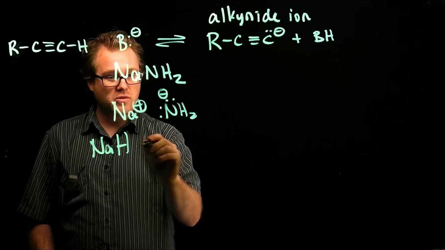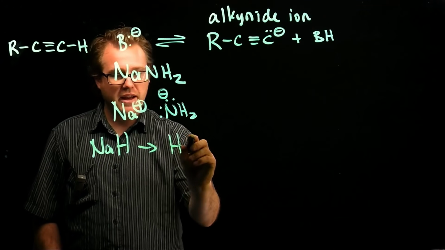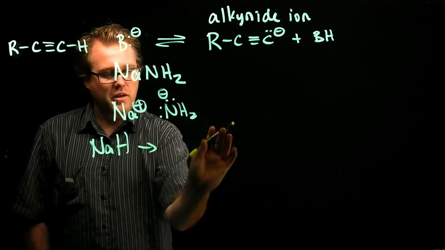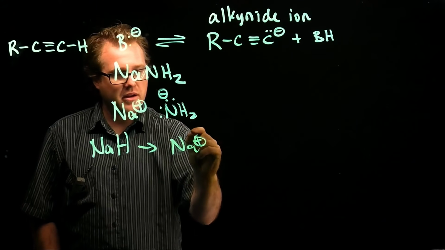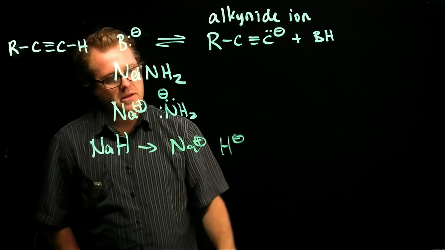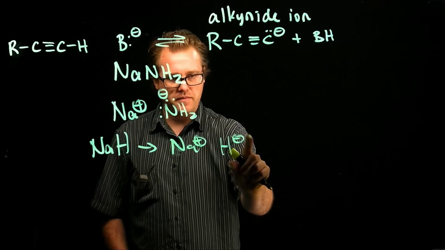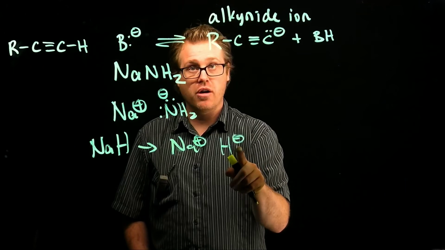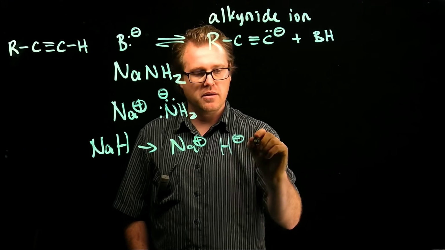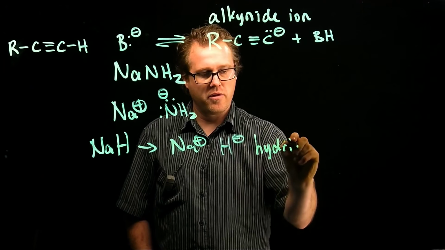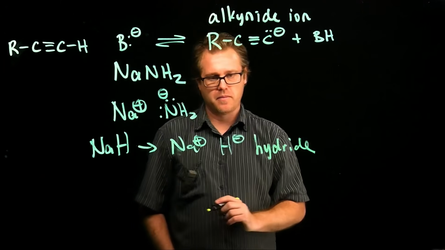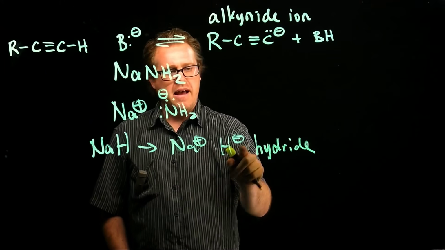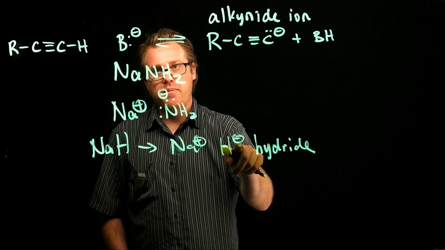Another sodium, right? So what does that actually look like here? It's ionic, right? So we have a hydride. When we have just one hydrogen and it's negatively charged, we call it a hydride. And that is very, very basic.